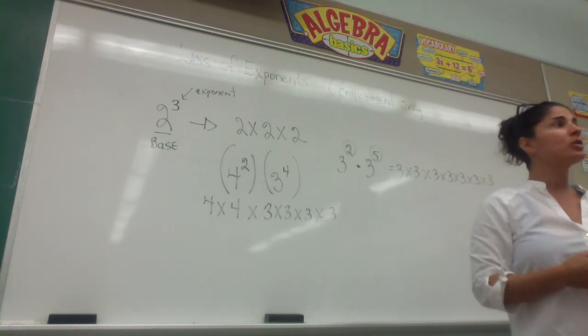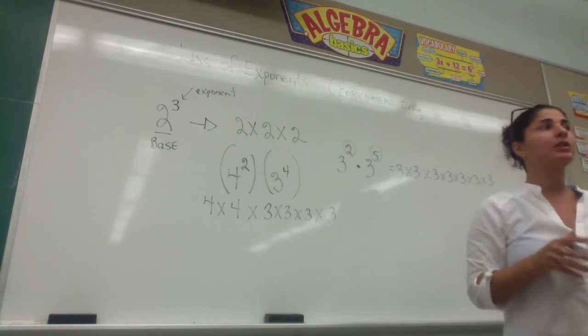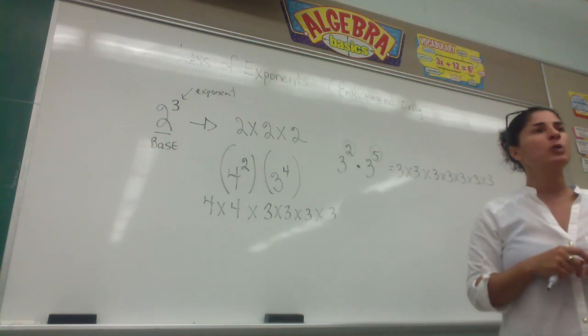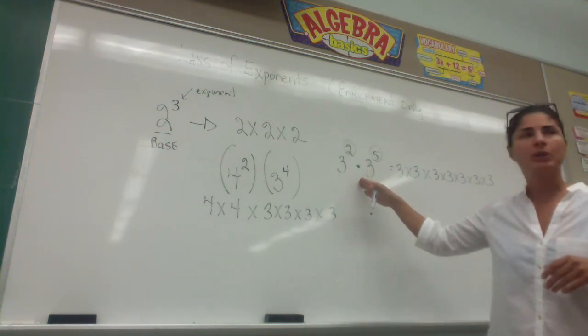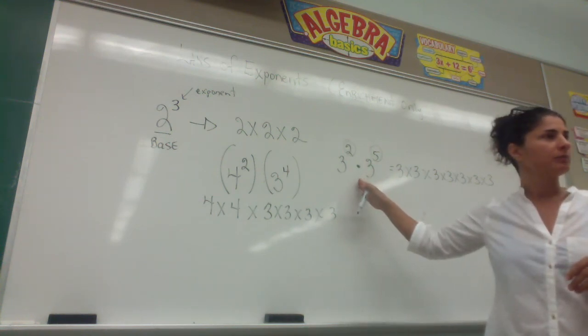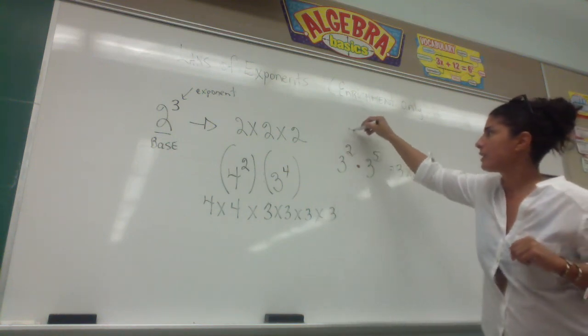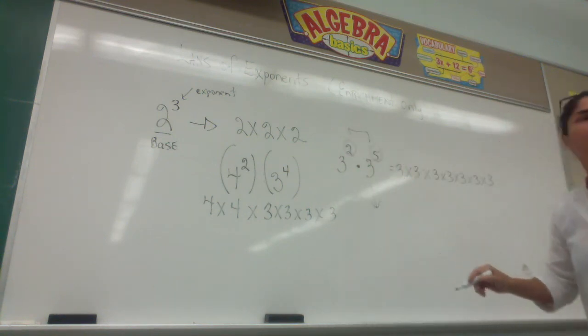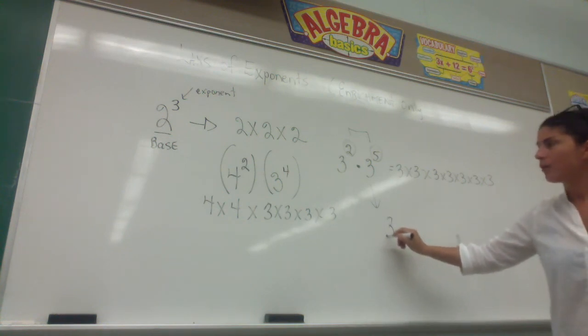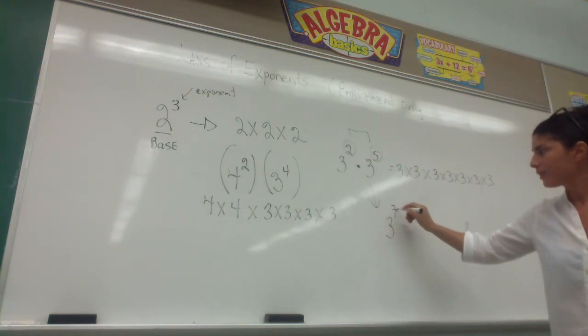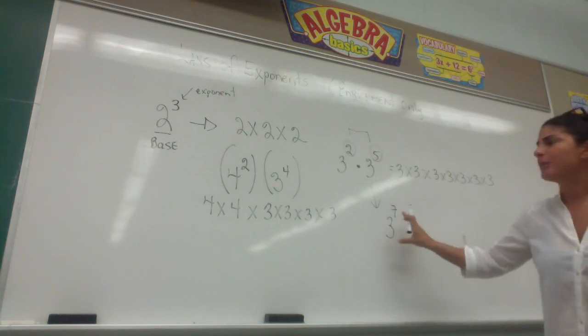What would be the law of exponents when I'm multiplying? You can add the exponents to make this 3 to the power of 7. How come it didn't work here?